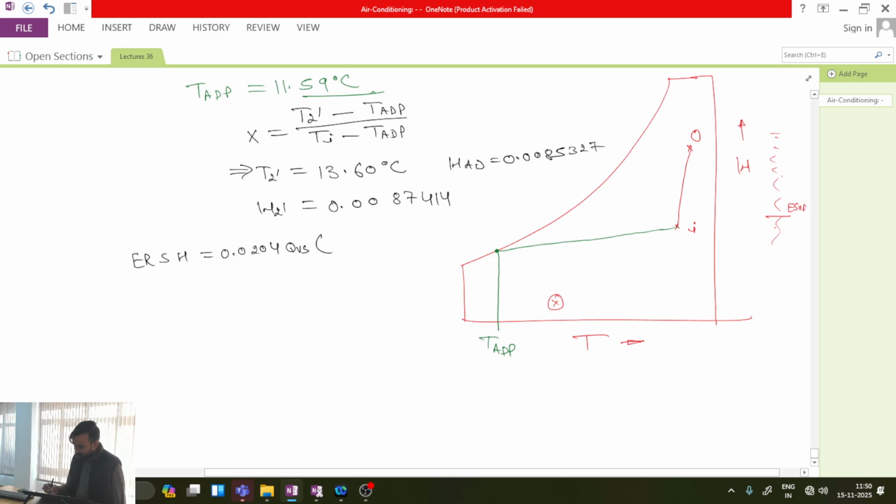T2 dash. Okay, so this is the ERSHF line and this is some supply state 2 dash which I have calculated. So if I know this, then simply the effective load will be equal to TI minus T2 dash.